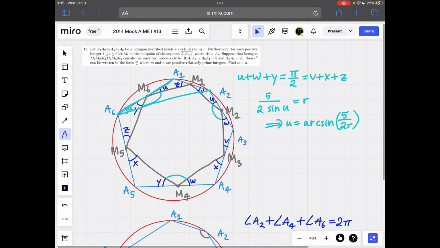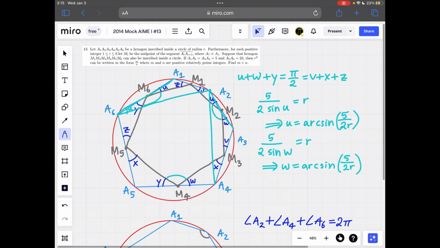Now let's use the extended law of sines on triangle A3, A2, A4 to find A3, A4, which is 5 in terms of R. Well, angle A3, A2, A4, through a similar logic as A1, A6, A2, using the midline is going to equal W. So 5 over 2 sine W is equal to R. And so W is equal to arcsine 5 over 2R as well.